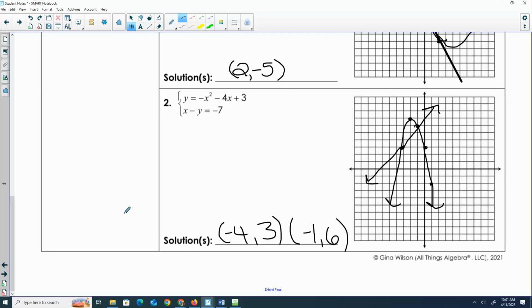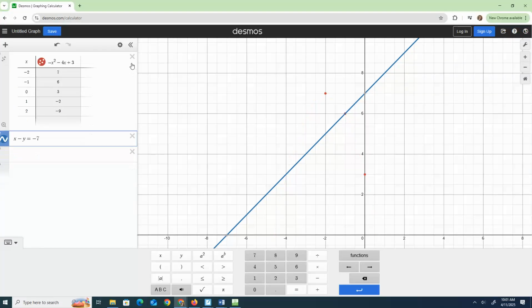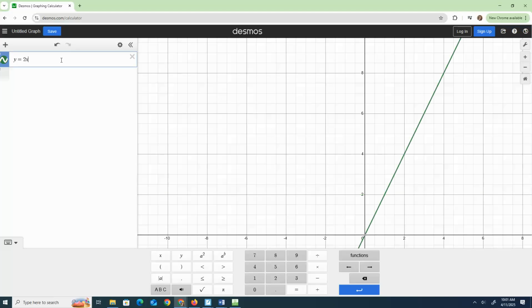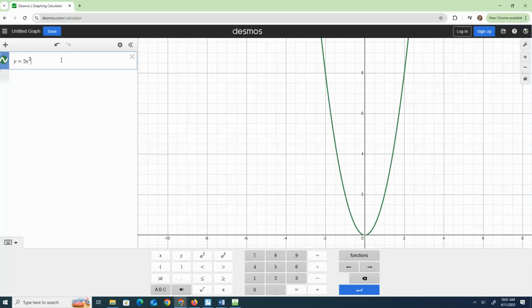Alright, let's just focus on using Desmos to solve the next few. So I'm going to delete out everything I have in here. My next equation, y equals 2x to the second plus 4x minus 1.